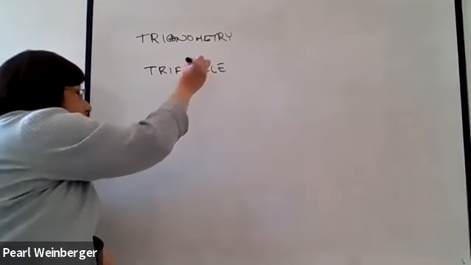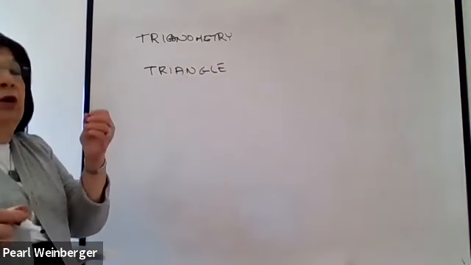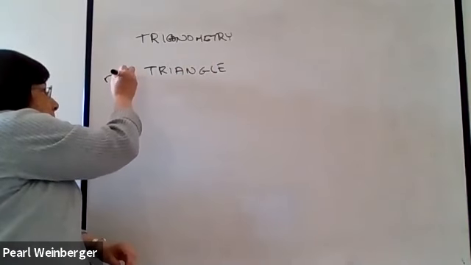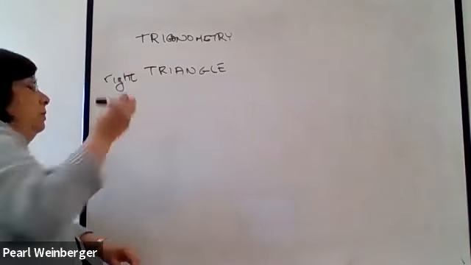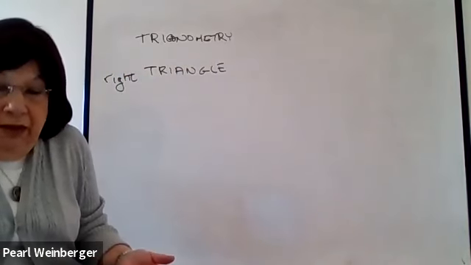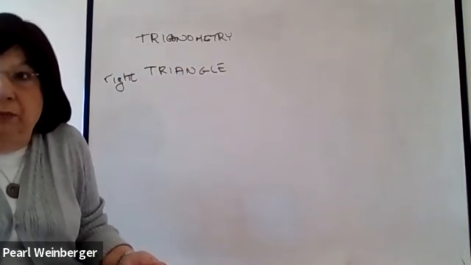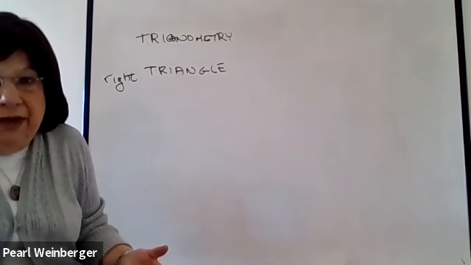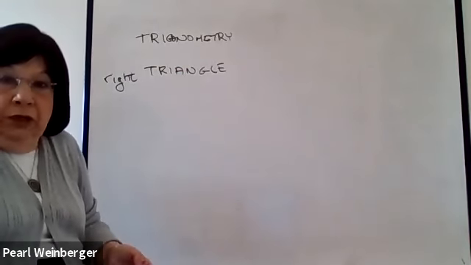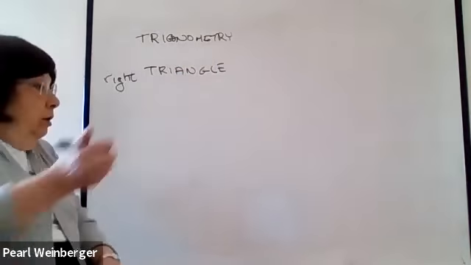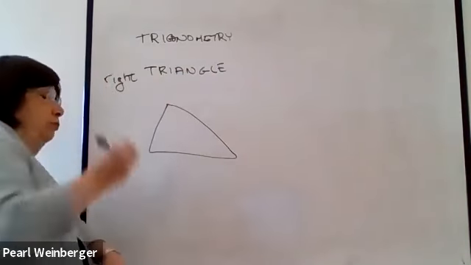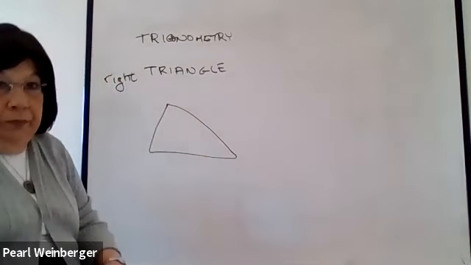And we're going to be doing something called right triangle trigonometry. So before we even approach what that is, we better talk about what makes something a right triangle. And we know that if we have a triangle, it's a three-sided figure.